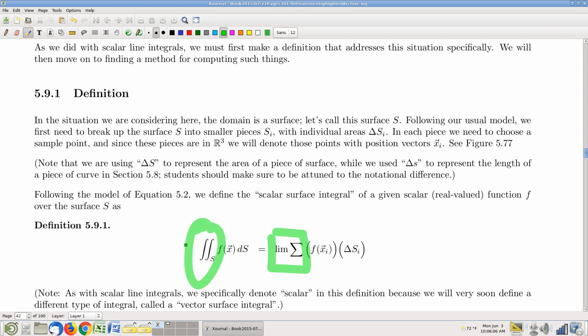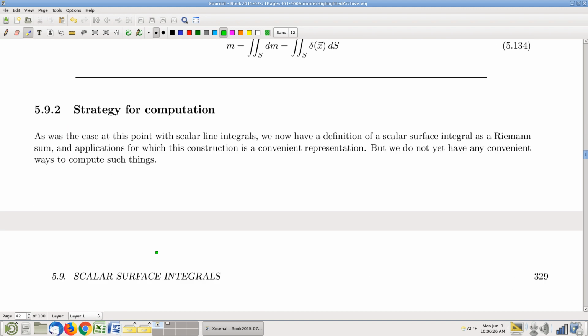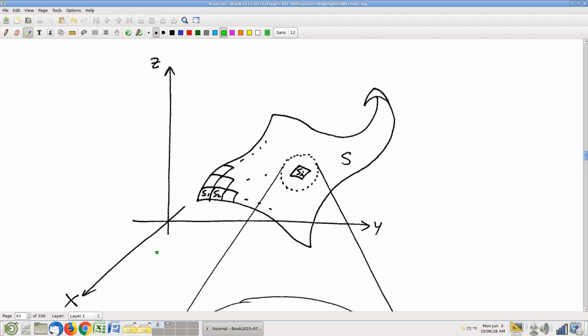And again, not all books do this, but because we're adding up over two indices, right? This is a two-dimensional piece of surface, two integral symbols. Okay. A lot of books do this, some books don't. Okay. And finally, as usual, in order for this to make any sense, we have to know what that domain is. You got to tell me what exactly is your surface.